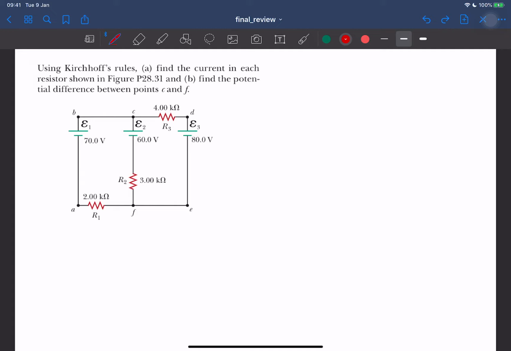Okay, so this one might be a little bit more involved in terms of calculation, so I will just start talking about this.